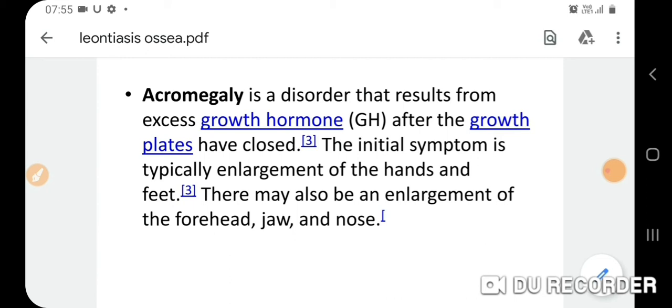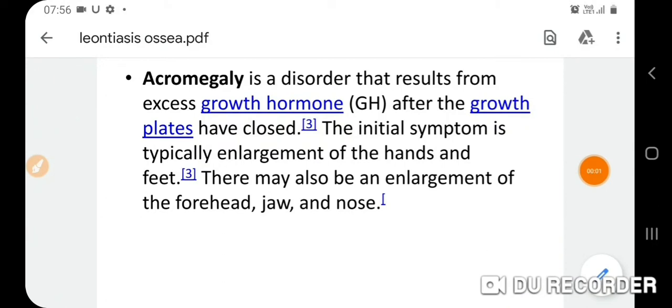Acromegaly is the disorder that results from excess growth hormone after the growth plates have closed. The initial symptom is typically enlargement of the hands and feet. There may also be enlargement of the forehead, jaw and nose. Mind it, the growth hormone excess occurs after the growth plates have closed, so it occurs only in the extremities.